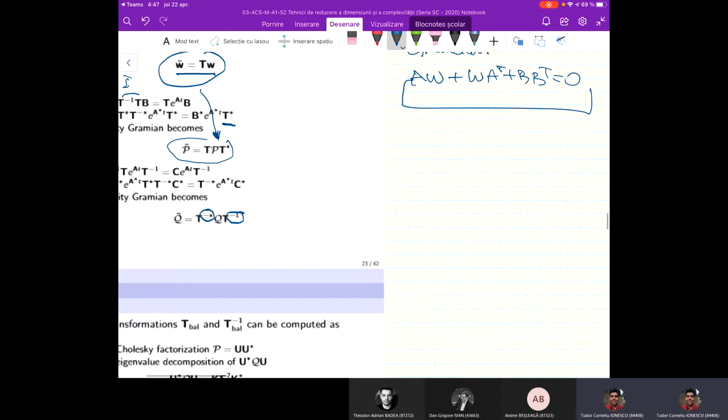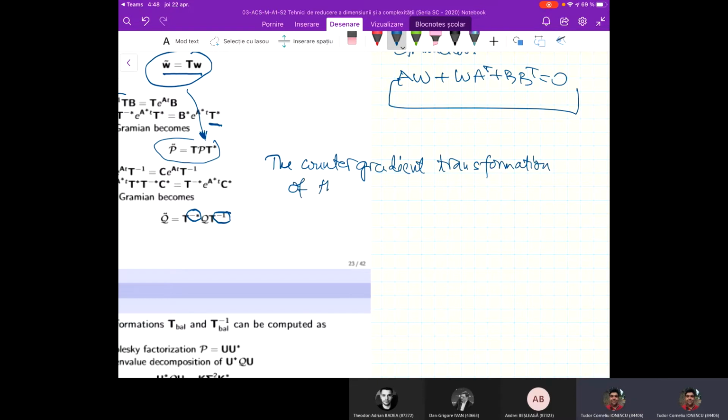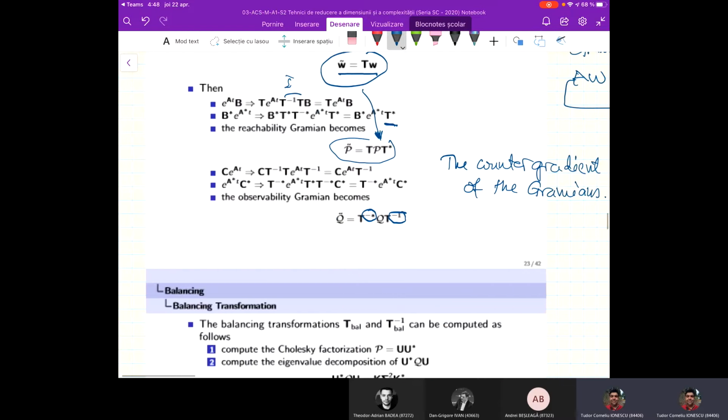These are called the contragradient transformation of the gramians. Okay? So change of coordinates is exposing the gramians to contragradient transformations.